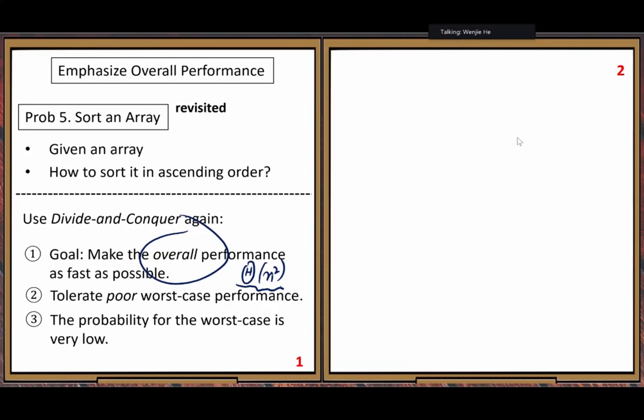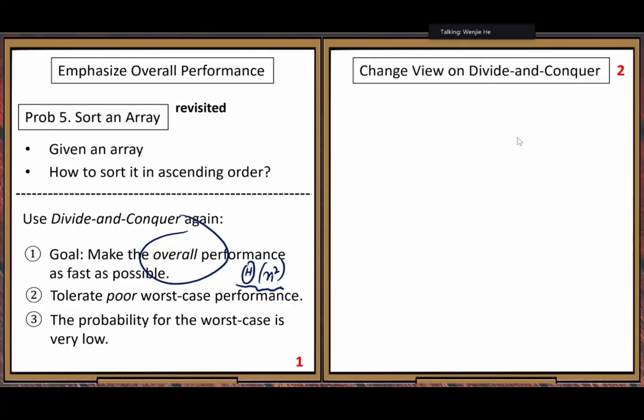At the end, in the summary part, we will talk about how we do something special to make sure the probability for the worst case can be controlled in a very low situation.